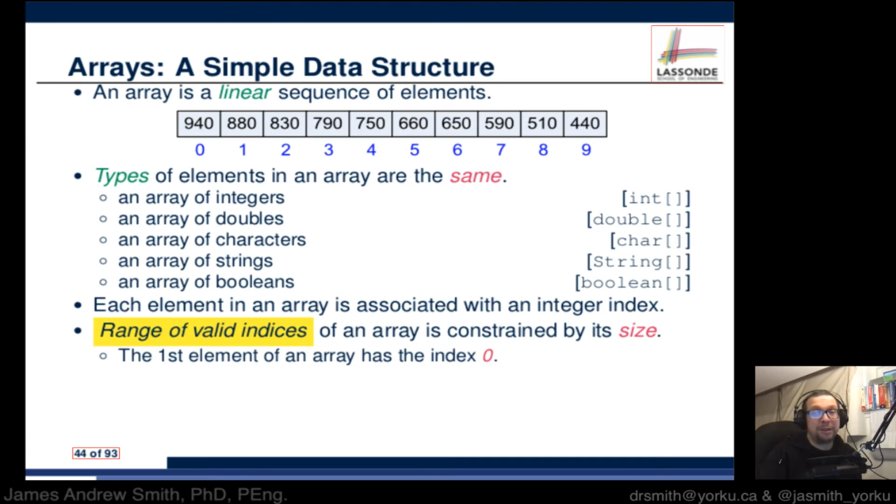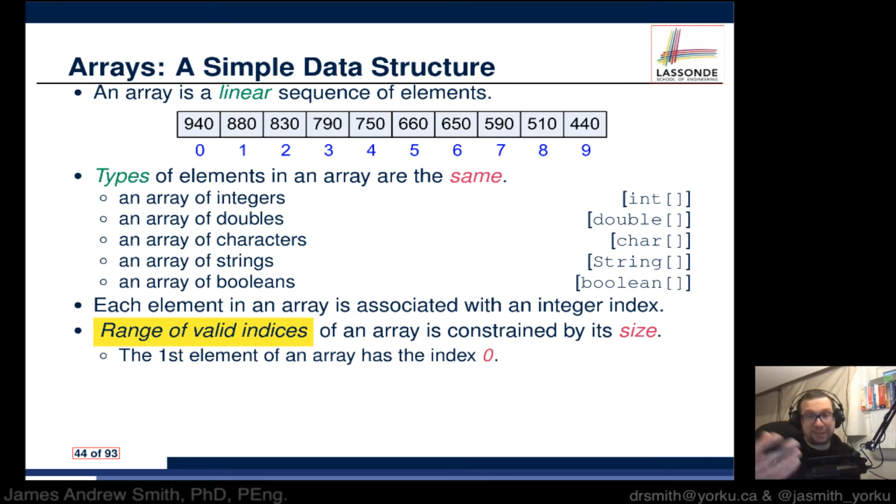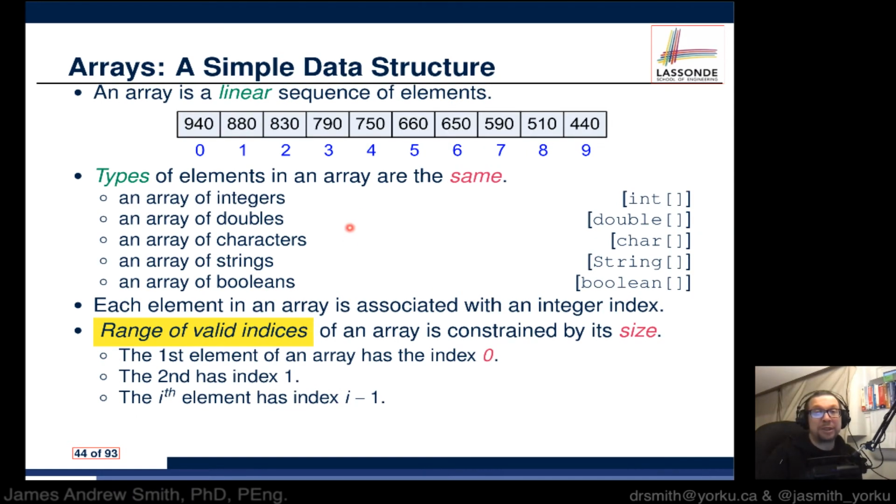Okay. The first element in an array has an index of 0. The second one, so this is the second one right here, has an index of 1, etc. So the ith element has an index of i minus 1.